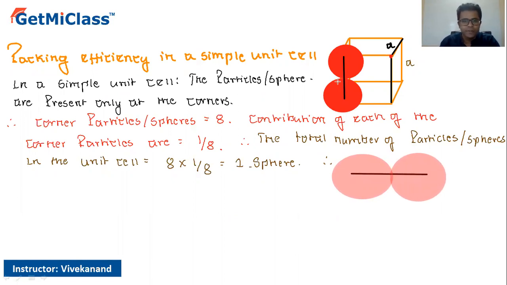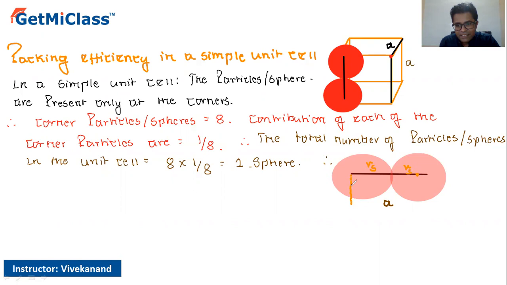The edge length was A, while the radius of the sphere, let's say RS, represents the radius of the sphere.